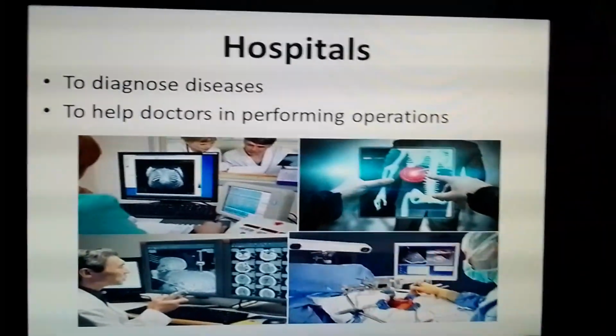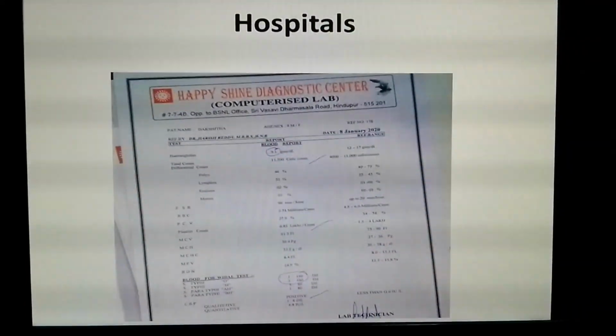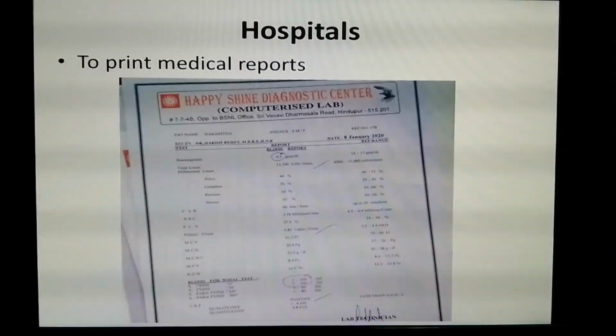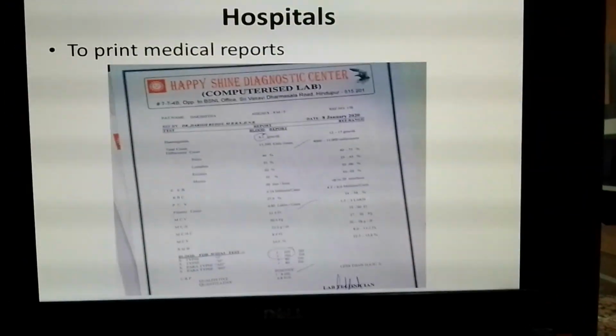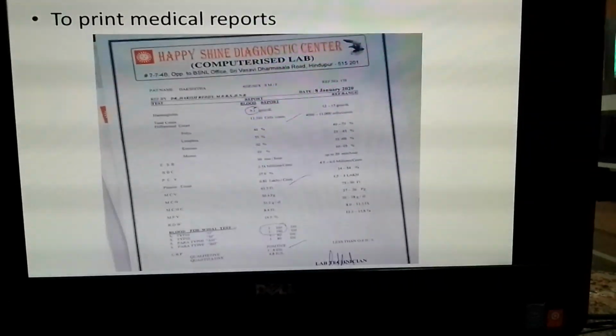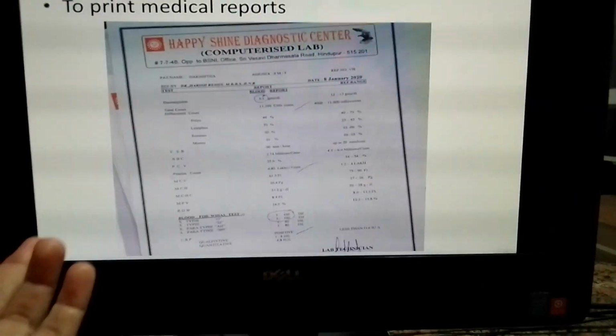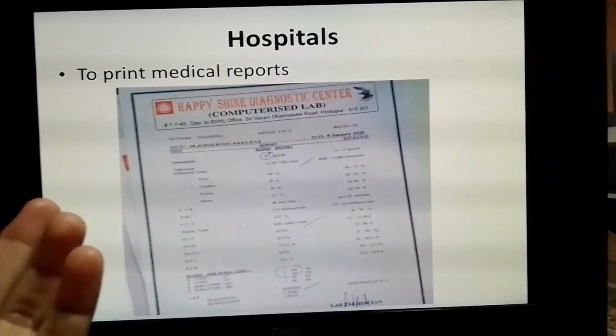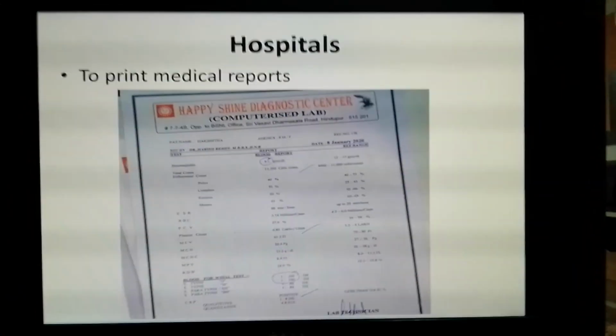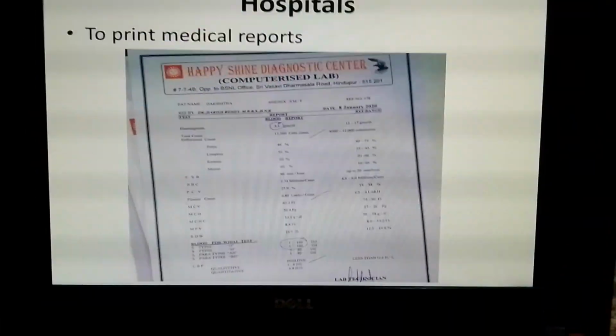The next use of computers in hospitals is to print medical reports. The doctor may suggest some tests to a person, like a blood test, and they get a printed report of it.